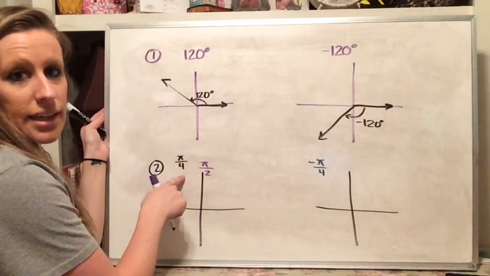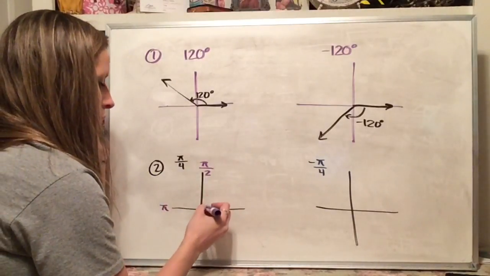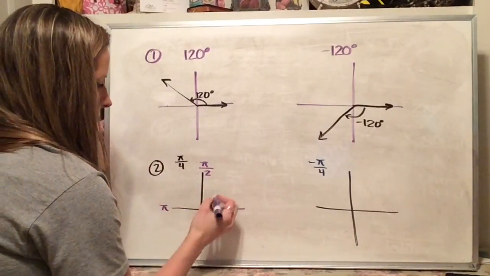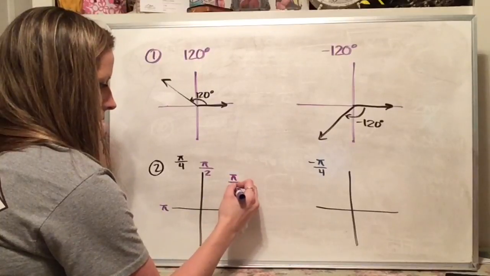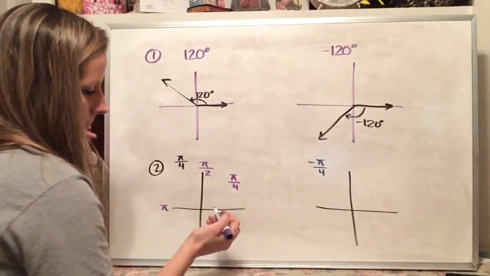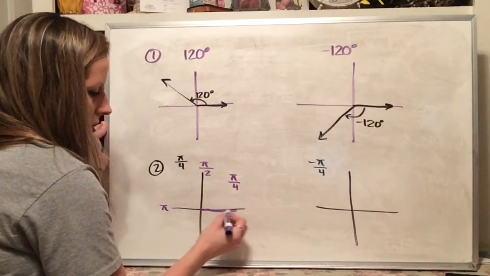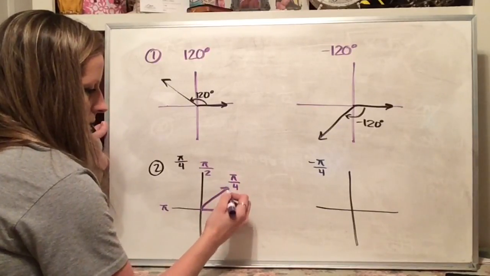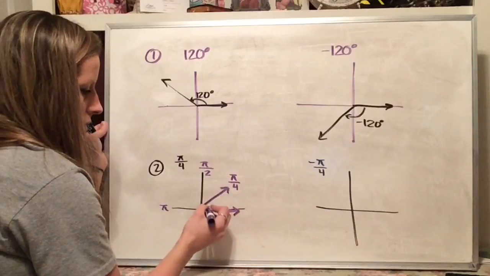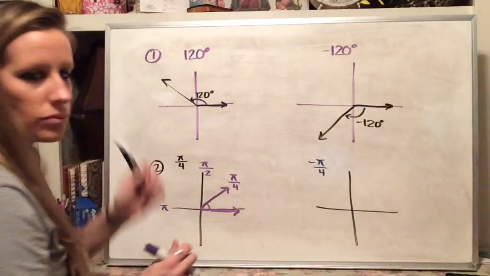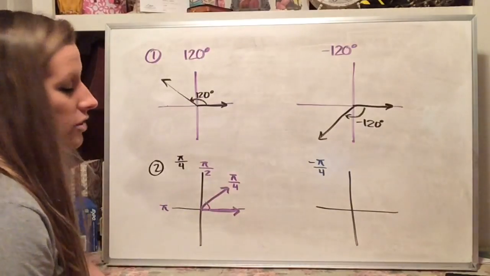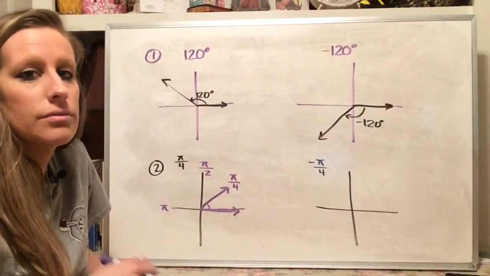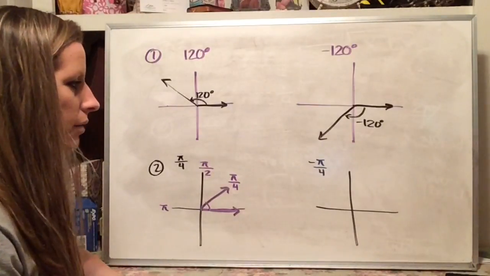Cut that in half again, then you have pi over 4. So we're cutting this angle in half again to get pi over 4. So we have our initial side on the x-axis, and pi over 4 is going to be in between those two. It's actually a 45 degree angle if we're talking about degrees.